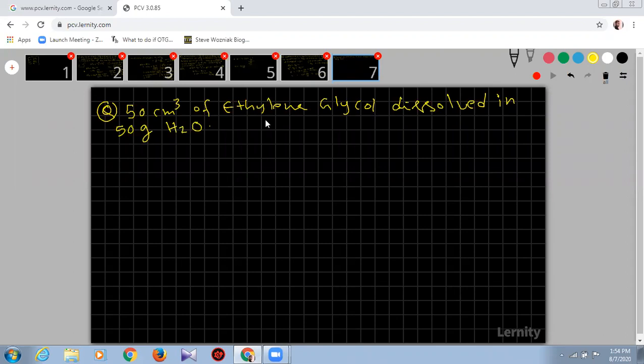The freezing point of the mixture is minus 34 degrees centigrade.